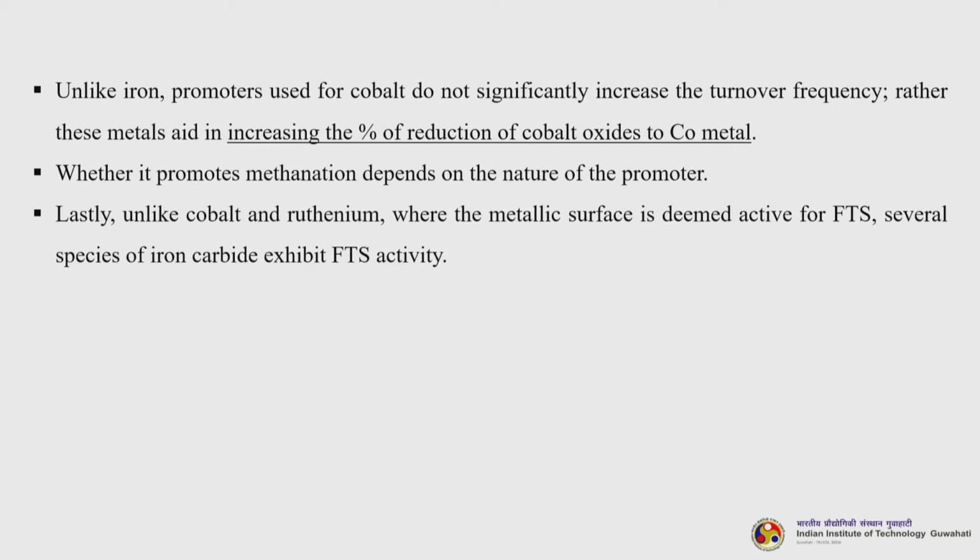Unlike iron, promoters used for cobalt do not significantly increase the turnover frequency, rather these metals aid in increasing the percentage of reduction of cobalt oxides to cobalt metal. Whether it promotes methanation depends on the nature of the promoter. Lastly, unlike cobalt and ruthenium, where the metallic surface is deemed active for the Fischer-Tropsch synthesis, several species of iron carbide exhibit Fischer-Tropsch synthesis activity.